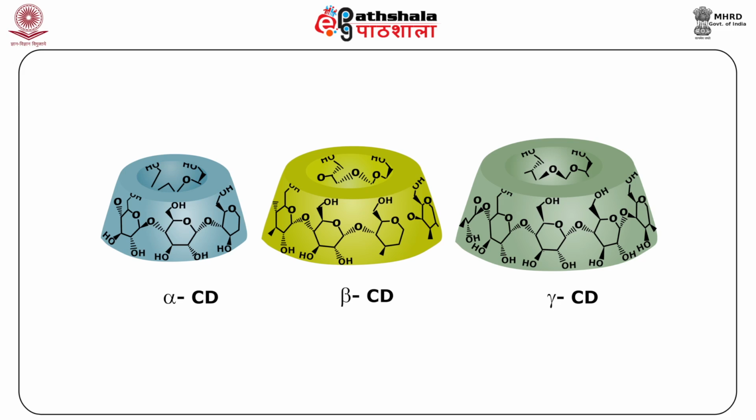After the discovery of gamma cyclodextrin, actually these alpha, beta and gamma cyclodextrins simply differ by the number of glucopyranose units in these cycles. Alpha has 6 glucopyranose units, beta has 7, and gamma has 8. After the discovery of gamma cyclodextrin in the year 1935, Freudenberg and Kramer suggested the existence of larger cyclodextrins, that means larger than gamma cyclodextrin.